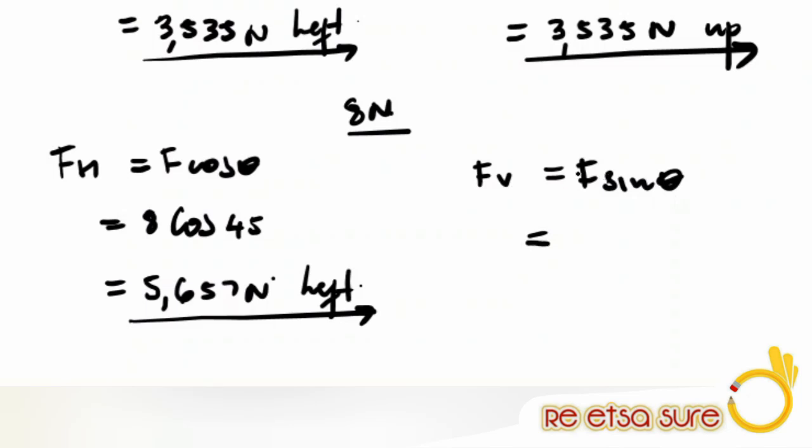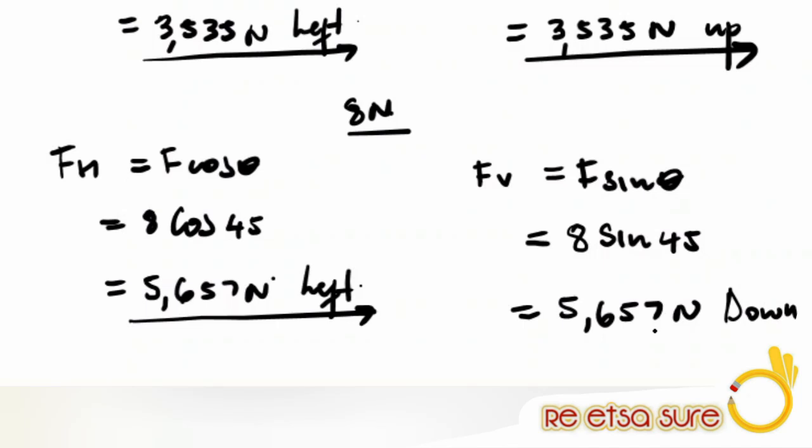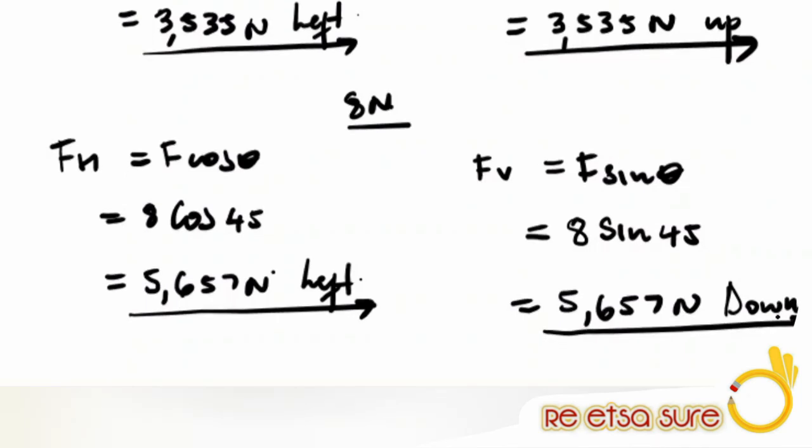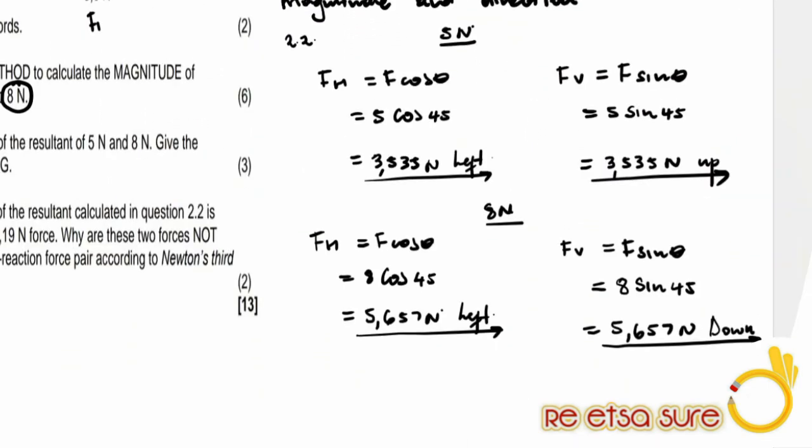What is the magnitude of F? The magnitude of F is 8. 8 sine 45. And then obviously the magnitude that I get there is 5,657 Newton. But now, my beautiful learners, what is our direction? Our direction for this one is downwards.